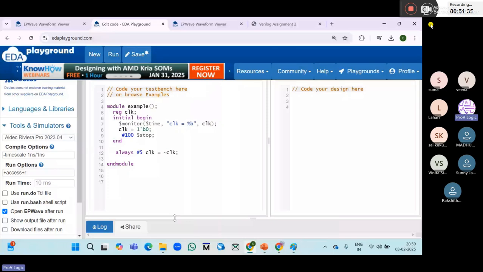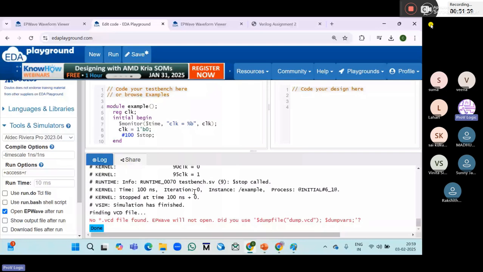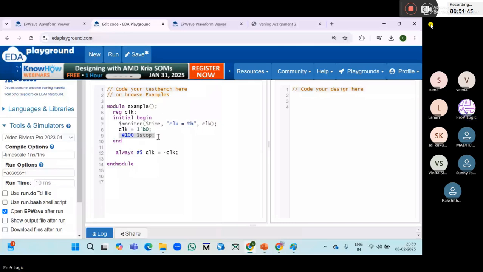Okay, for the always block, it is getting correct only. For the forever block, this 100 time units is not getting. I will check that.